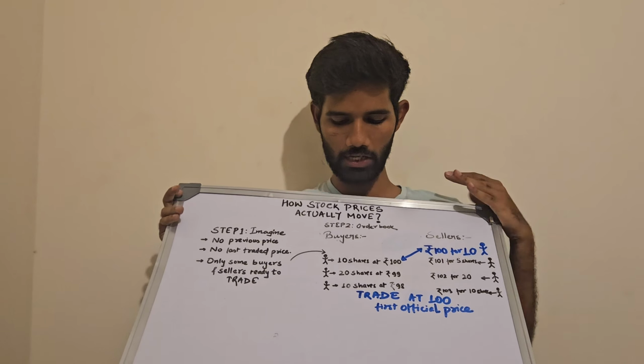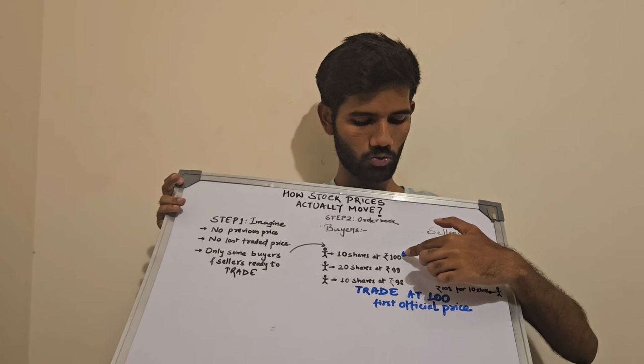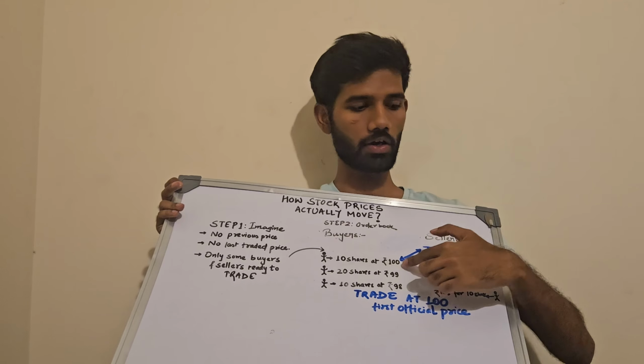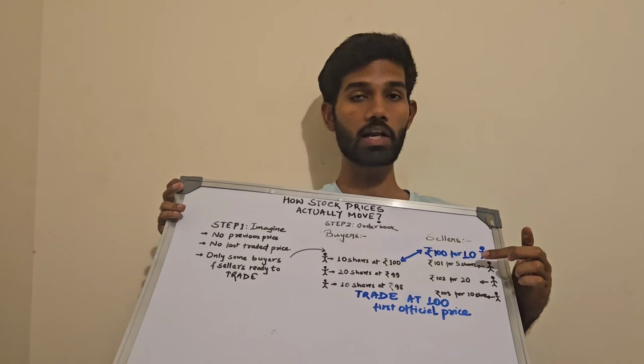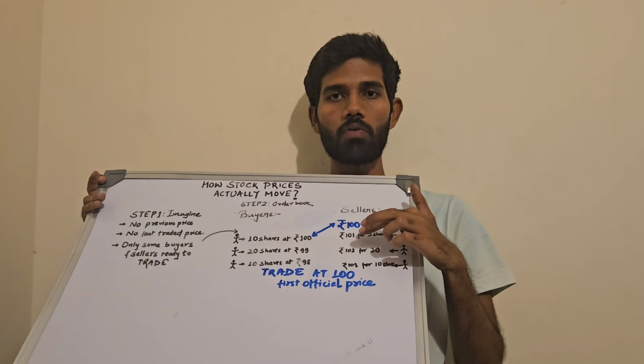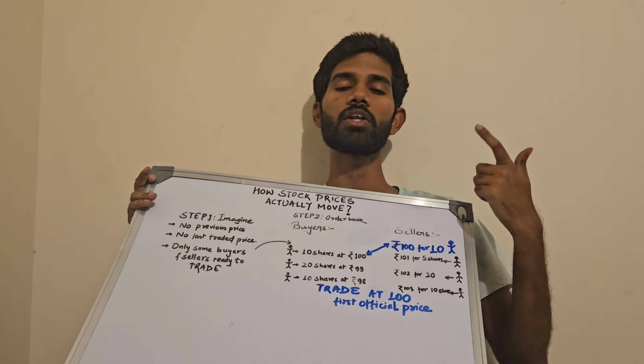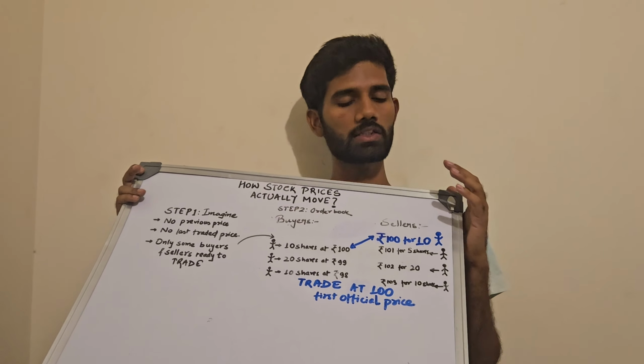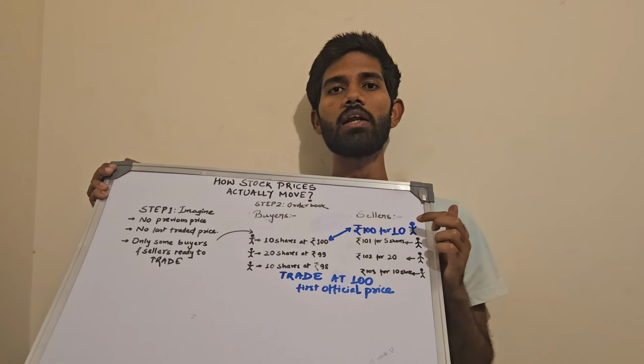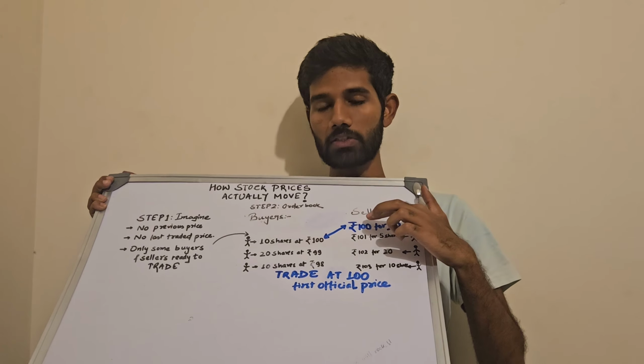Still there is no trade happening because we can see there is a mismatch. The buyers are willing to buy at a maximum price of 100 and the sellers are willing to sell at a minimum price of 101. But suppose a new trader comes and says I'm a seller and I want to sell 10 of my stocks at 100 rupees.